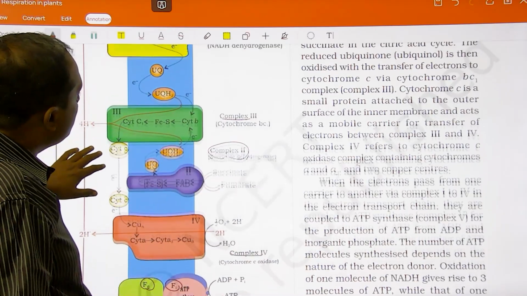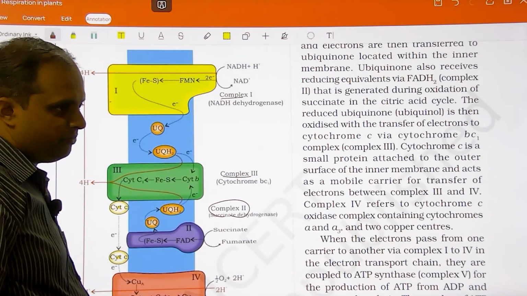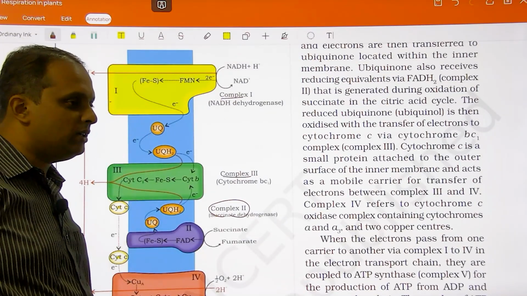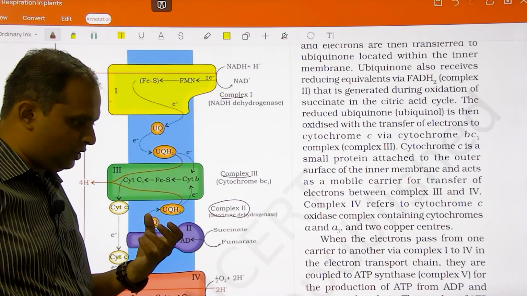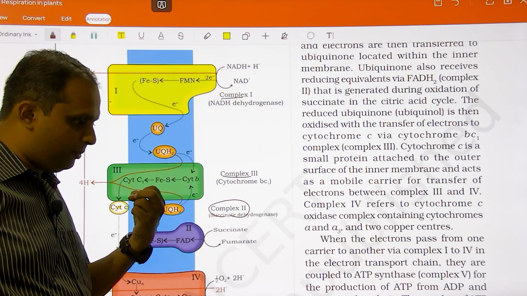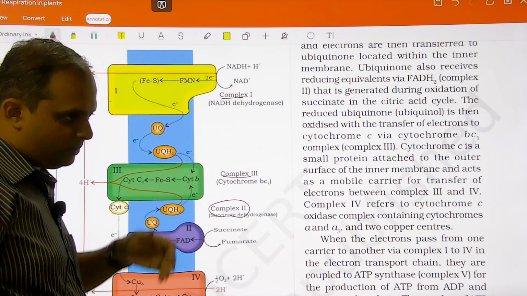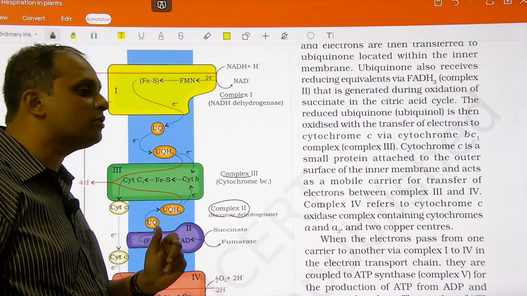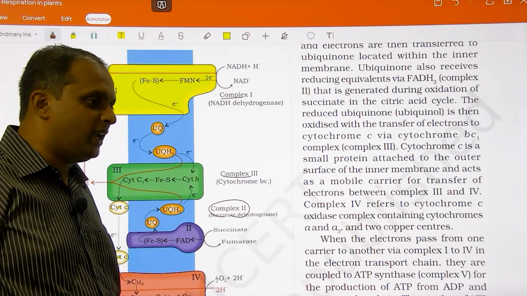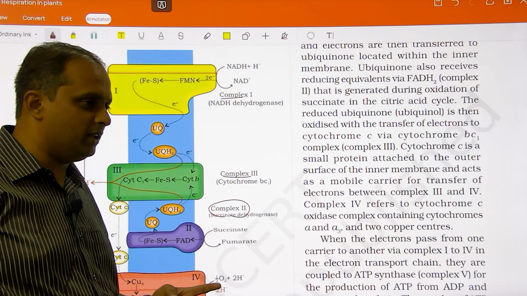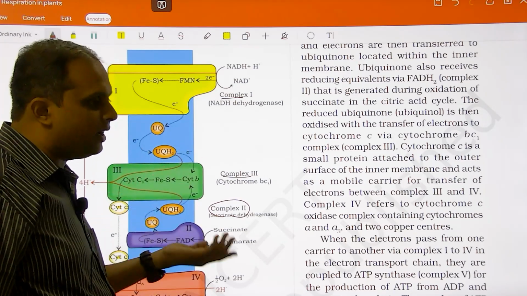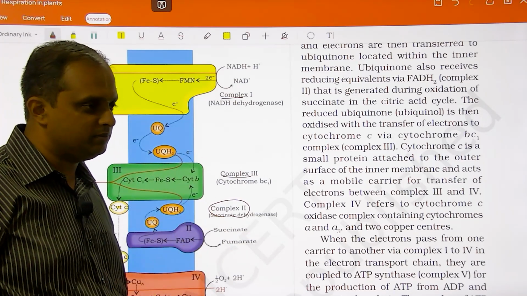In short, what is going to happen here is you have two electron-rich molecules, which are formed in the previously discussed metabolic reactions. So what are those two molecules?